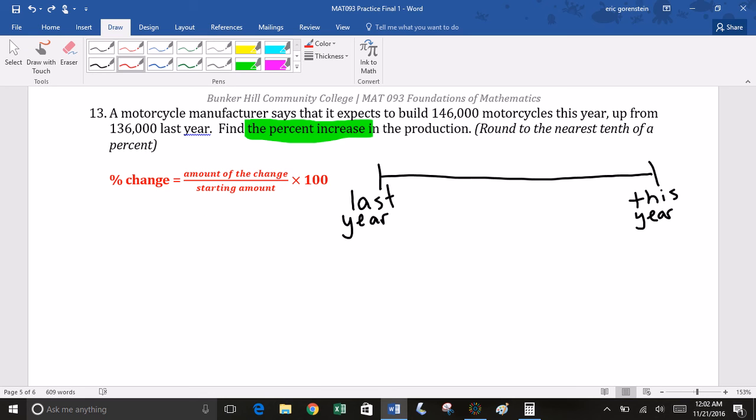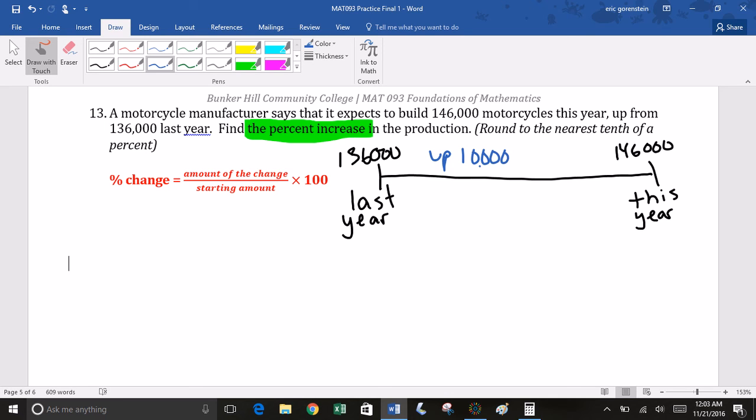In this problem, last year we had 136,000, and this year we're at 146,000. So that number changed by increasing 10,000. So we're up by 10,000.